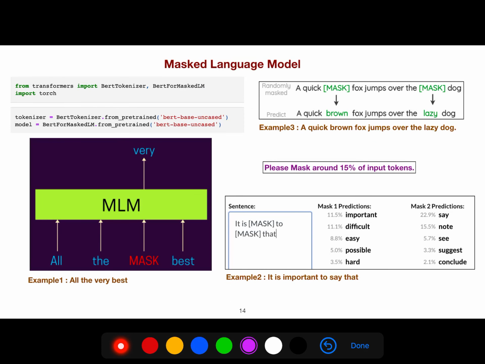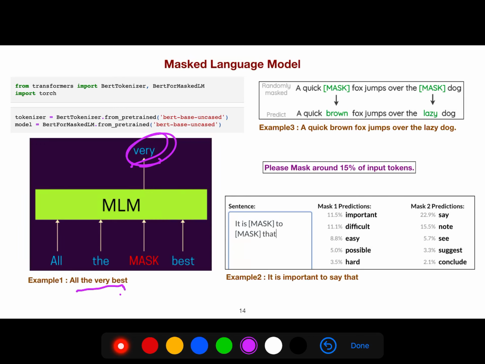So what is a masked language model? Because we need it for the second step. Just a quick recap: in a masked language model, we mask some words. So this is the language model. We mask some and then we predict them. So it provides a very good embedding of the structure. I think a good example is "all the very best".